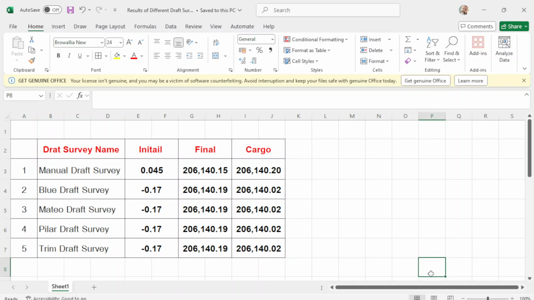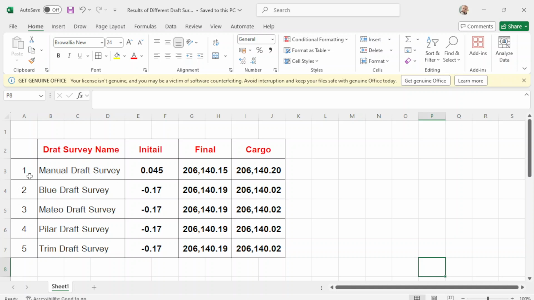Then if they have the same cargo, then your draft survey is accurate. So have trust in your draft survey form, and by having confidence, you will know that your draft survey is sufficient and correct.